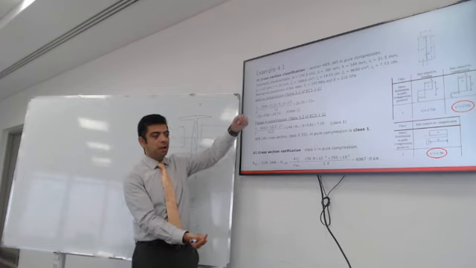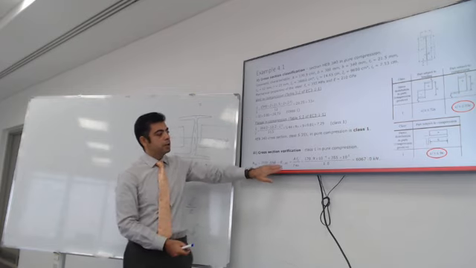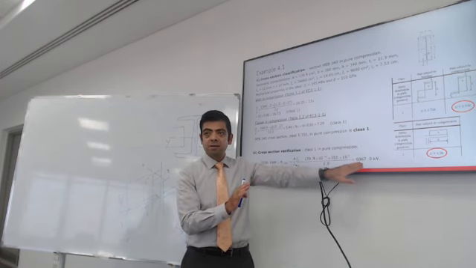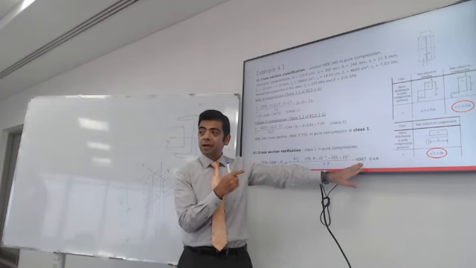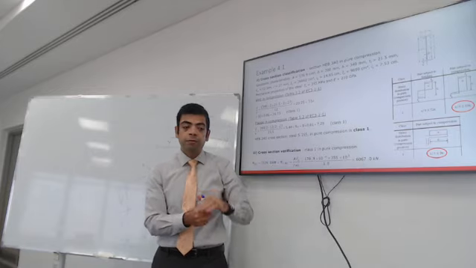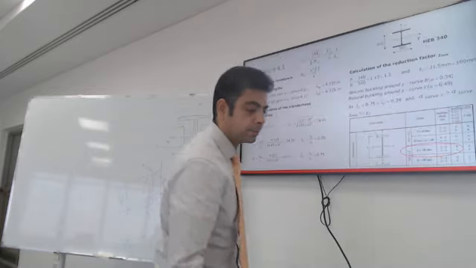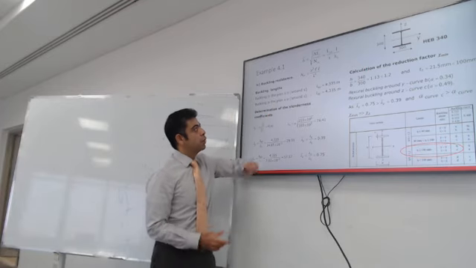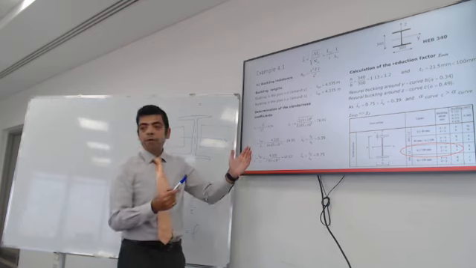According to the axial load, it gives the maximum capacity the section can support. This check doesn't take into account buckling, so we have to account for the second check, which considers buckling.